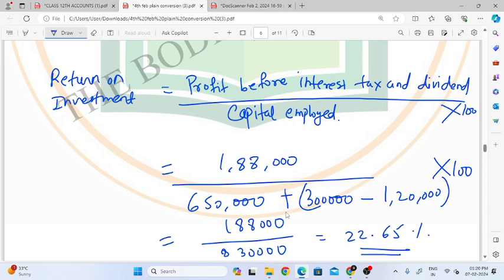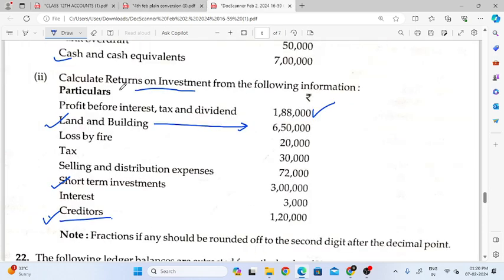Okay, so this is how you have to find out return on investment.